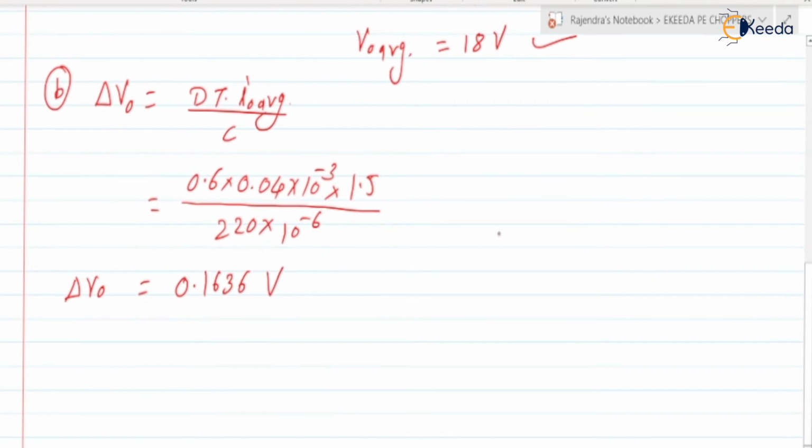Next, the third bit they have asked for: the peak to peak ripple current in the inductor, that is delta IL.